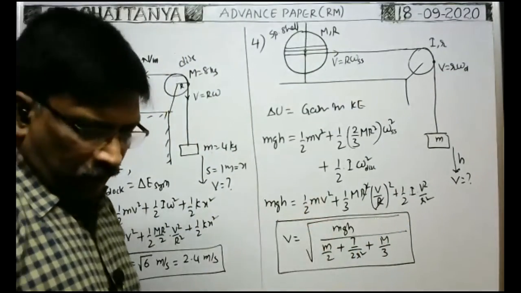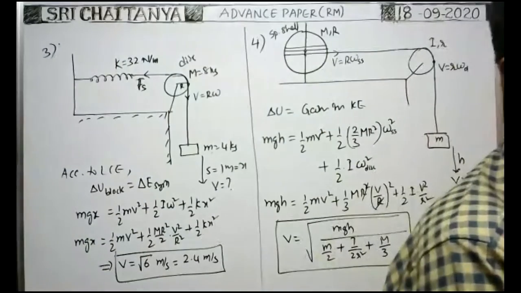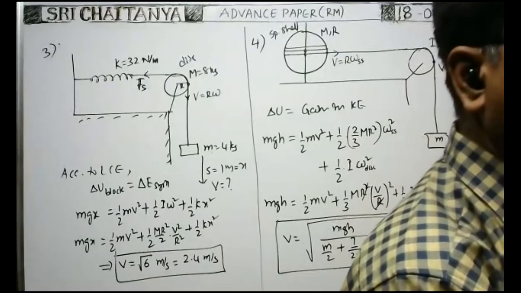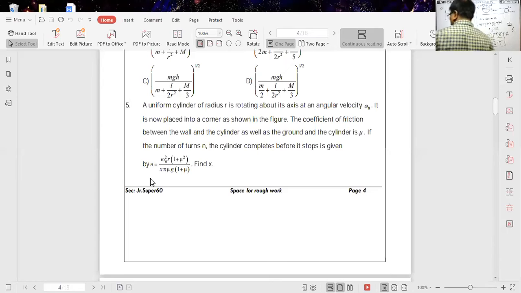Okay, next you see the other problem. Okay, you see the fifth problem. Actually, only up to 5 are difficult problems. The remaining problems are easy only.